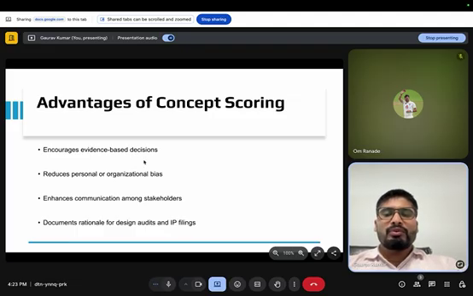Okay. So week 12 emphasizes that this transparency transforms design from a subjective art into a repeatable engineering process. So the clarity of scoring results reinforces institutional learning and strengthens design credibility in multidisciplinary environments. Okay.